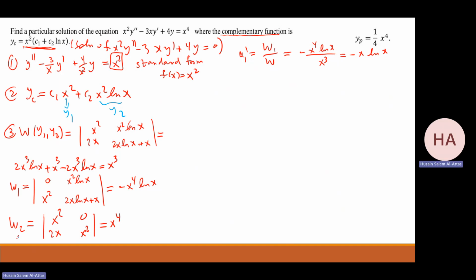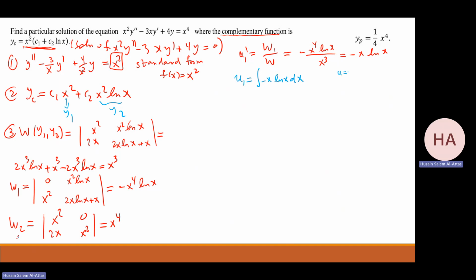Good. Now I have integration by parts. I need to solve this. u1 is the integral of minus x ln x dx.